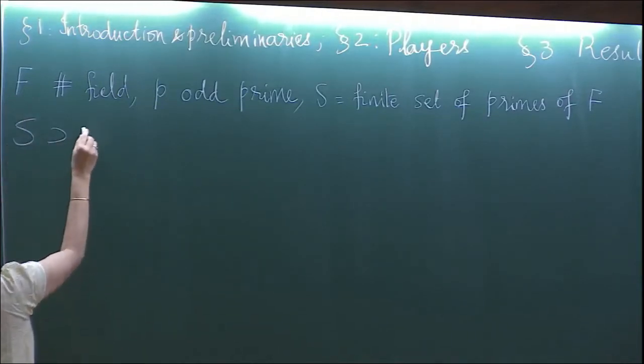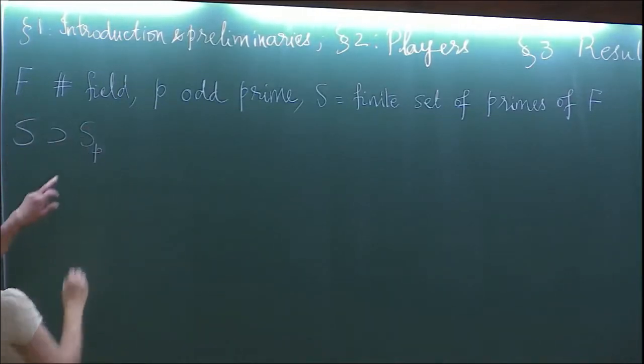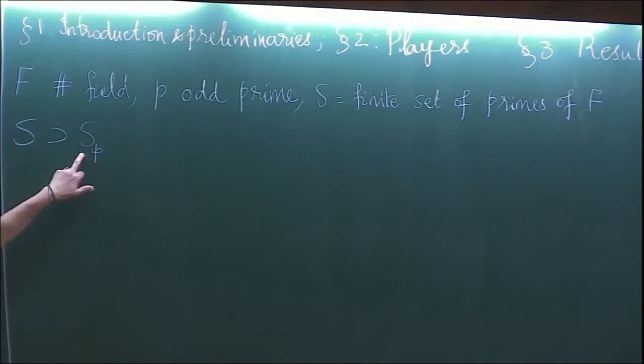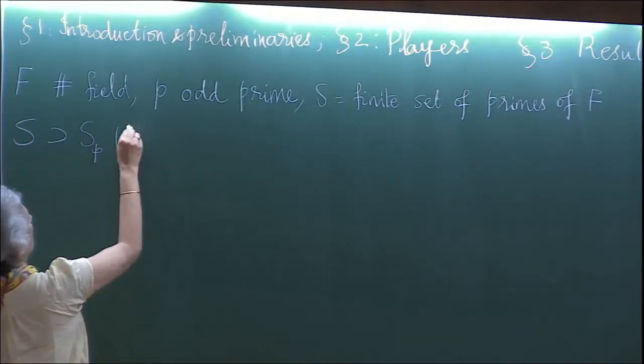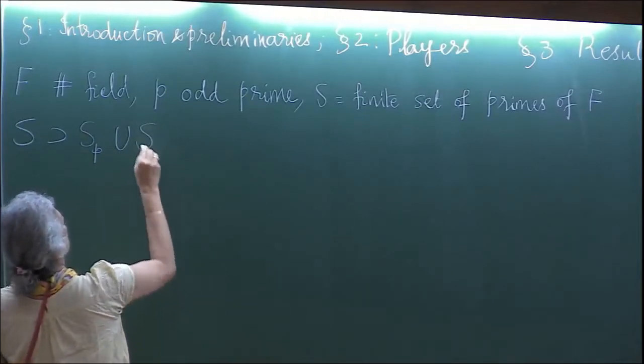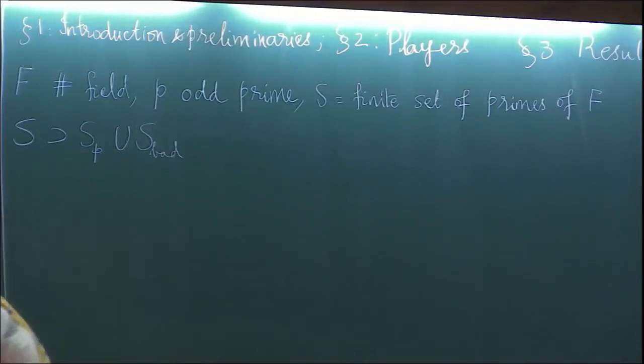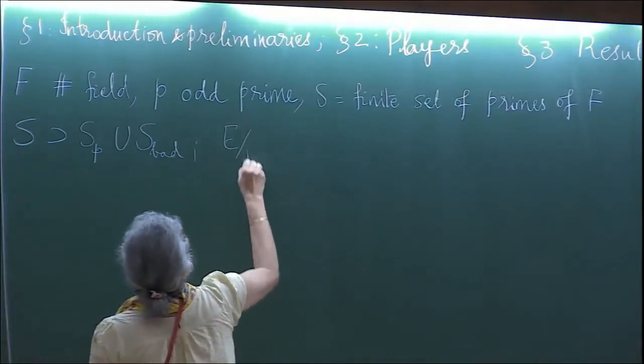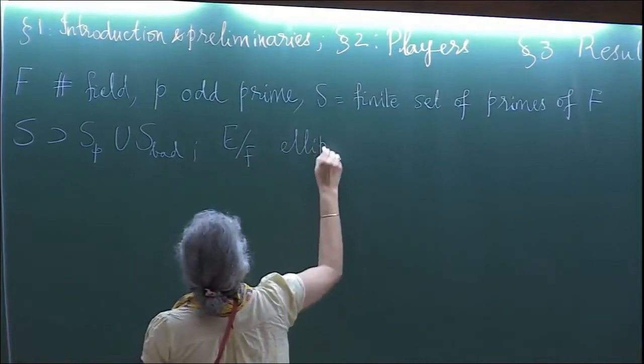The first, which I'm going to denote by S_P, is the set of primes above P in F. And then I'll have an elliptic curve, which I'll introduce very quickly, and S will have to include the primes above the set of bad reduction primes for the elliptic curve. So E over F is going to be an elliptic curve.